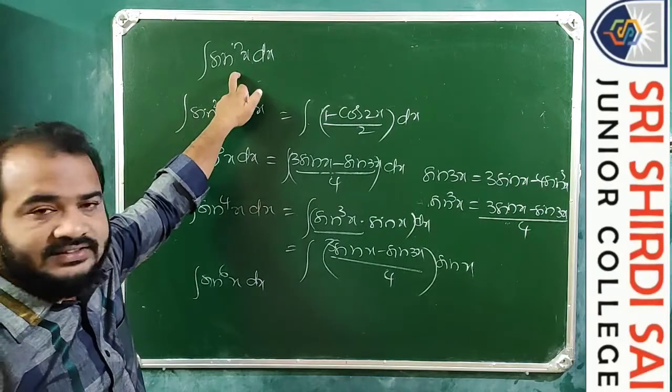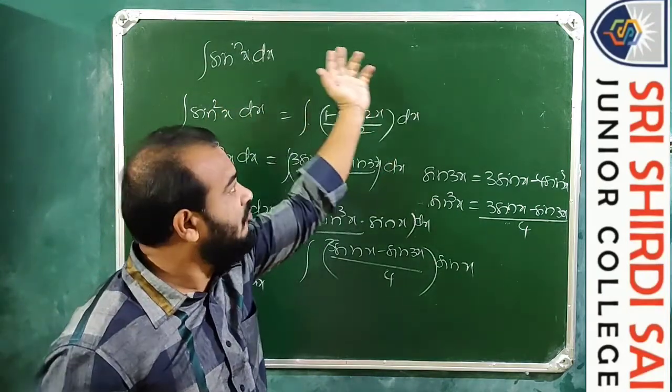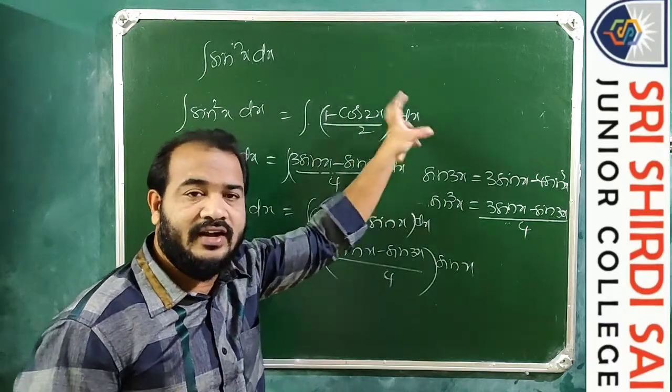After evaluating the integral of sin^n x dx we will get a formula, and that formula is a reduction formula. Why?